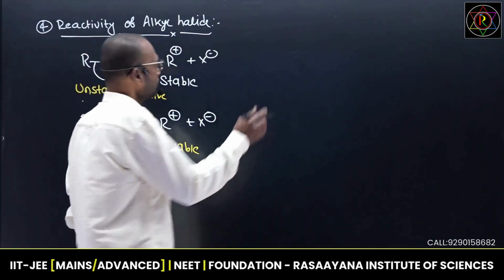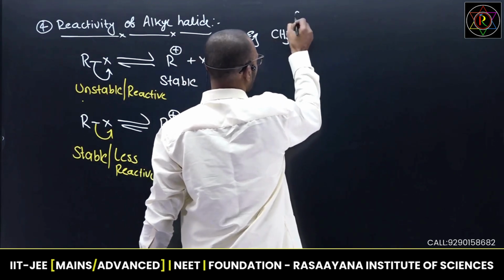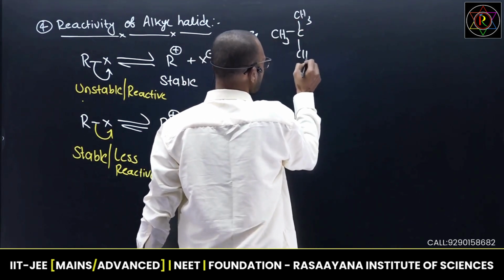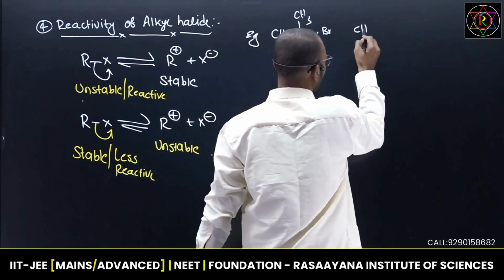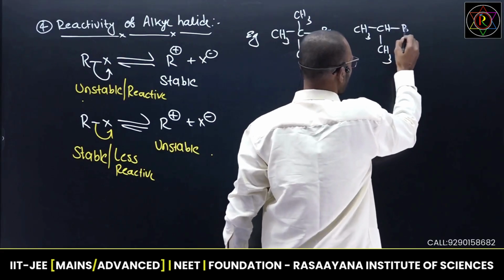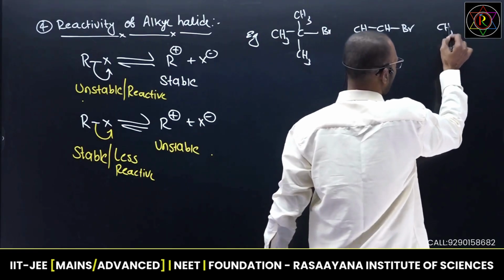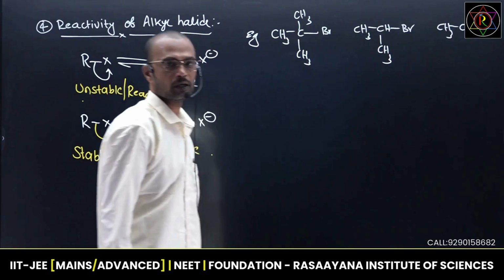Okay. So if I take an example regarding tertiary alkyl halide, see this. Tertiary alkyl halide, here I am writing a bromine. Then I am writing secondary CH3 and here it is bromine. Then I am writing a primary CH2Br. Now I want to write the reactivity order of these three.